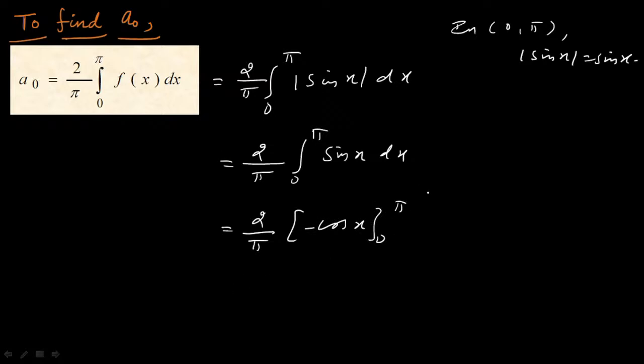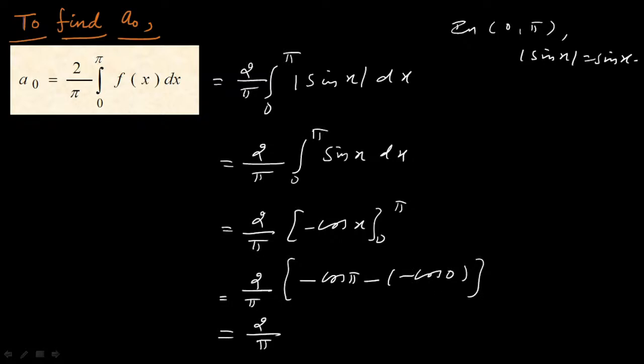So now let me substitute the limit, upper limit minus lower limit, isn't it? So upper limit minus cos pi minus of minus cos 0. You know the value of cos pi is minus 1, whereas cos 0 value is 1, isn't it?